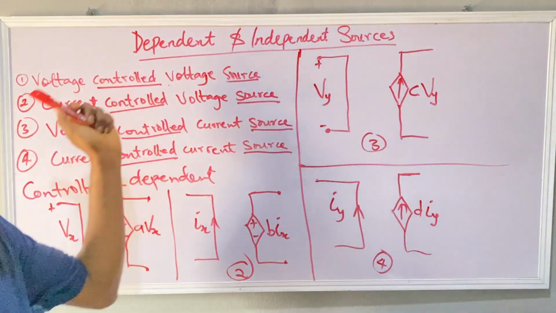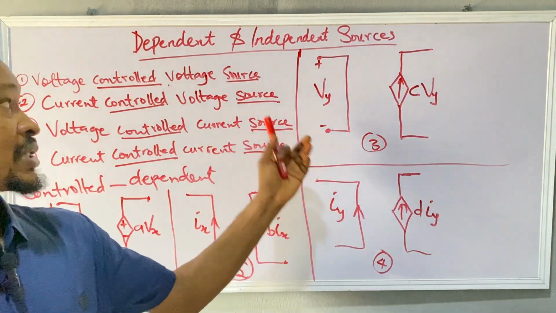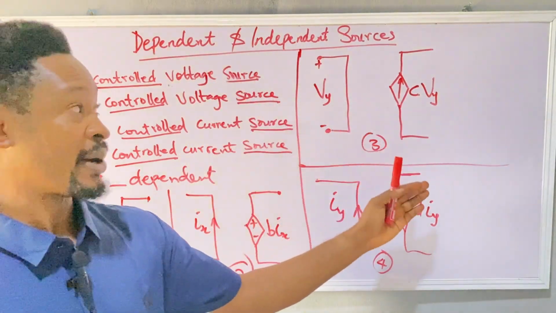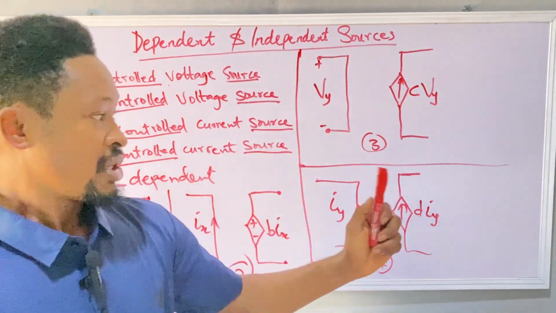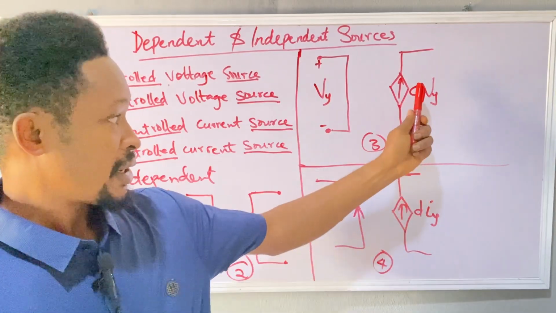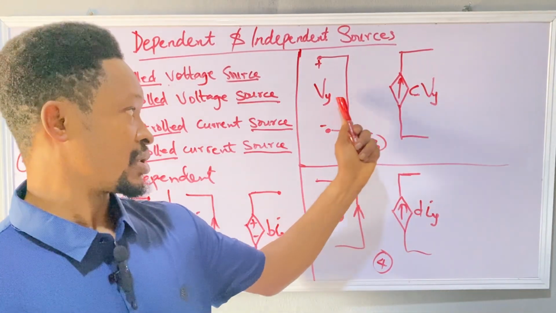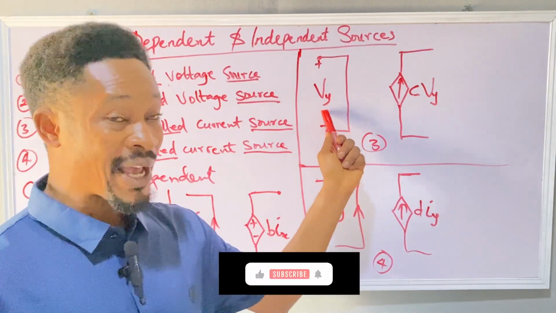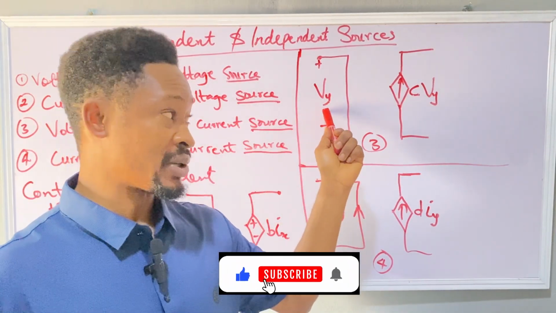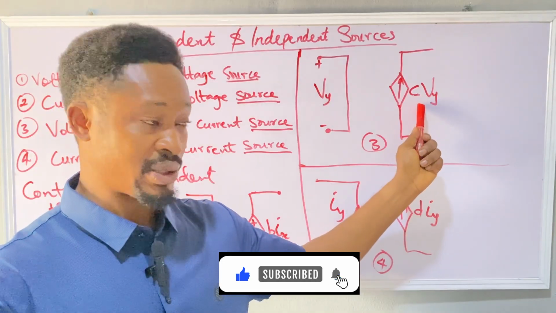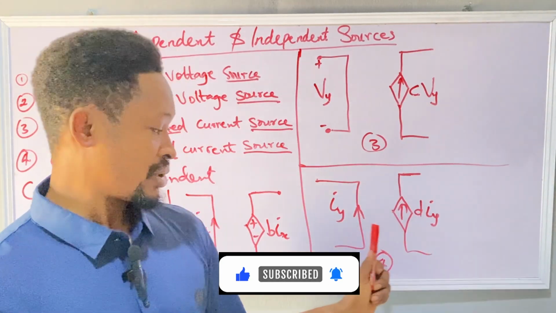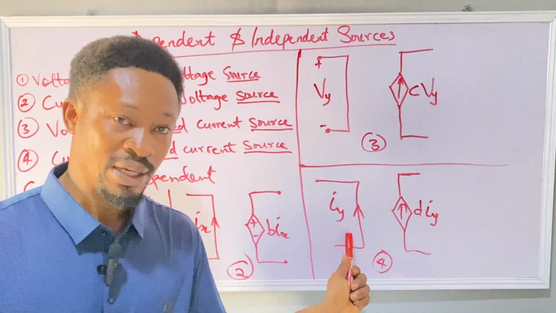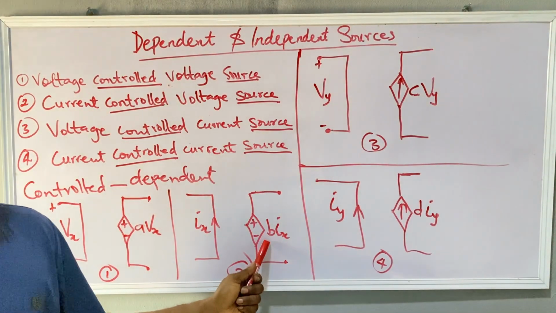In all this, we can see that there is a part that is dependent and there is another part that is independent. Here, the part here is a dependent source because it depends on Y. That means Y is the independent source. This is a dependent source. This is a dependent source. This is independent source. This is dependent source.